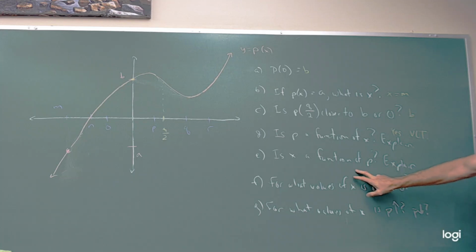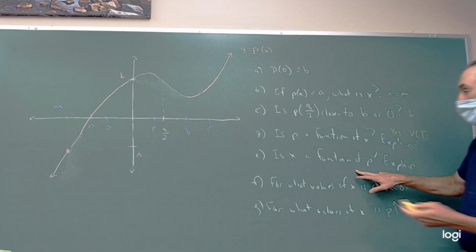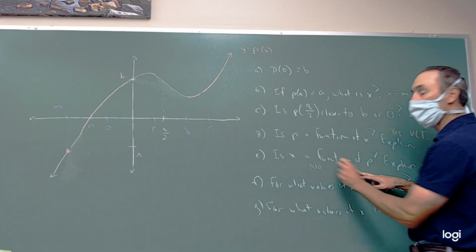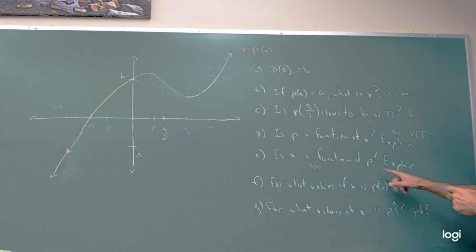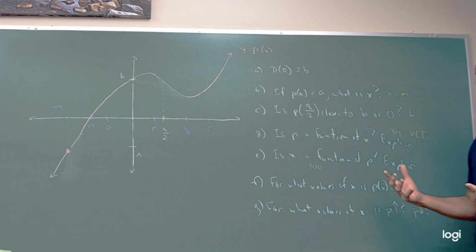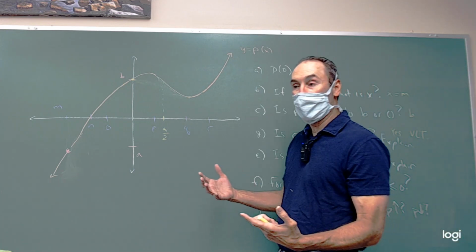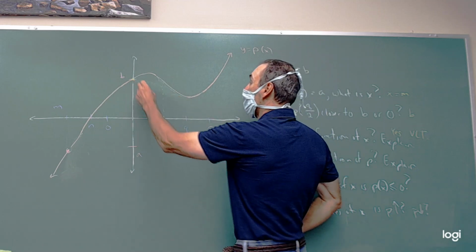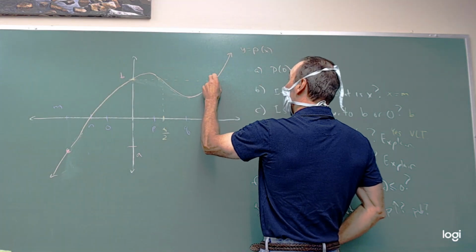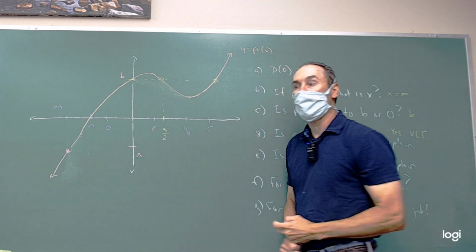Okay. How about turn it around? Is x a function of P? No. Now, what's your justification there? For some y inputs, there are multiple outputs. Okay, so now you have to be careful how you say it, right? So for an input value that is a P value, say B, you could say there are multiple output values.